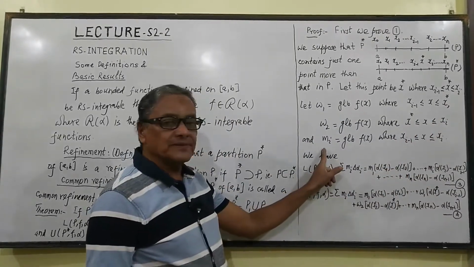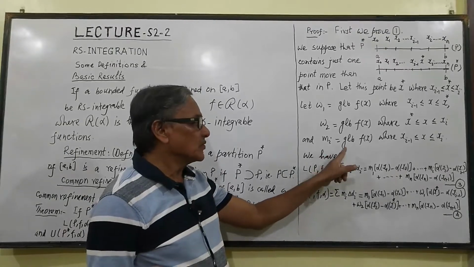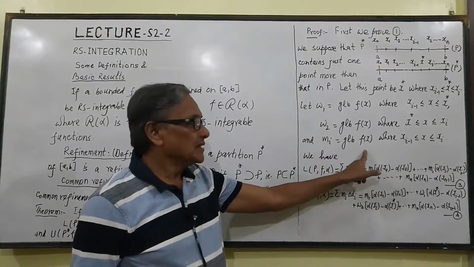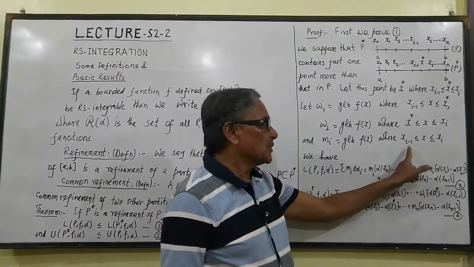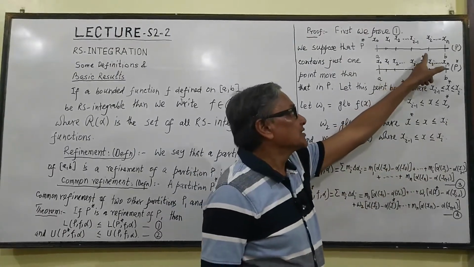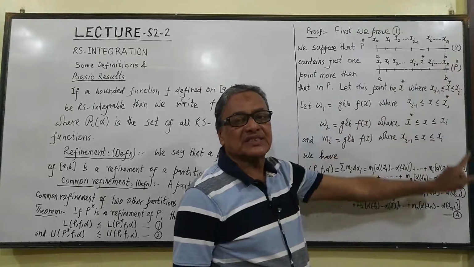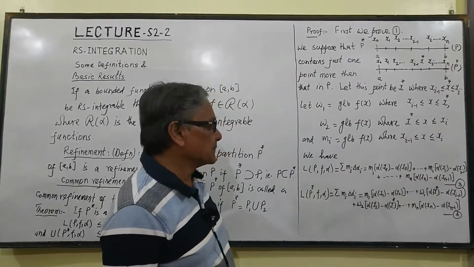Let m(i) be equal to the greatest lower bound of f(x), where x lies in between x(i-1) and x(i).